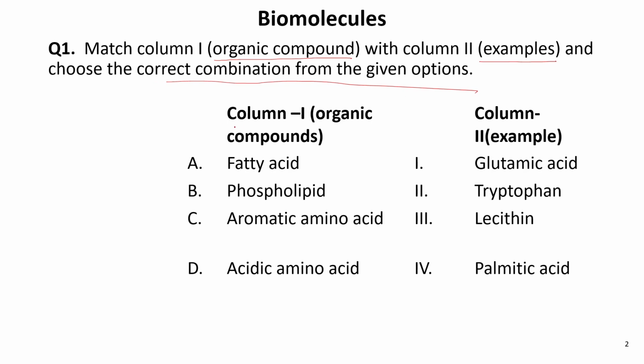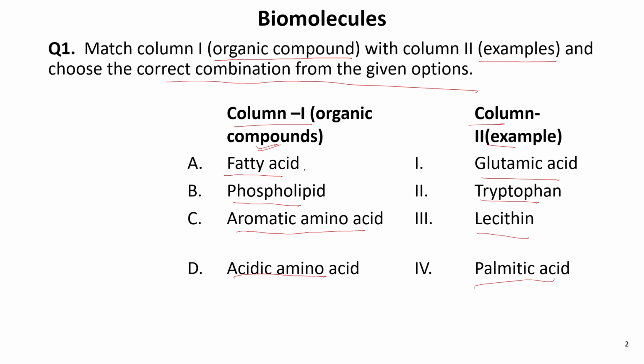Column 1 has fatty acid, phospholipids, aromatic amino acid and acidic amino acid. And here the examples are glutamic acid, tryptophan, lecithin and palmitic acid.